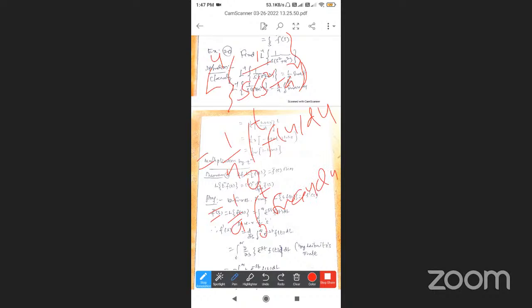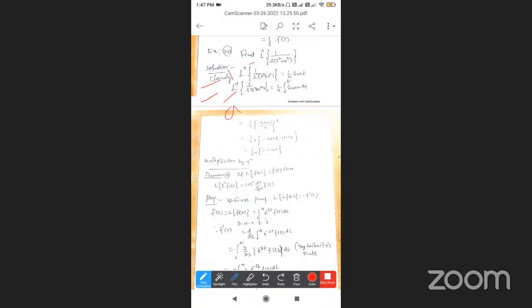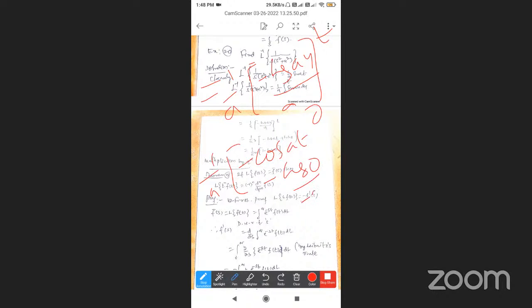The integral of sin theta is minus cos theta. So the result is 1 by a into minus cos au by a, with limits 0 to t. Upper limit minus cos at, minus lower limit, minus cos 0.